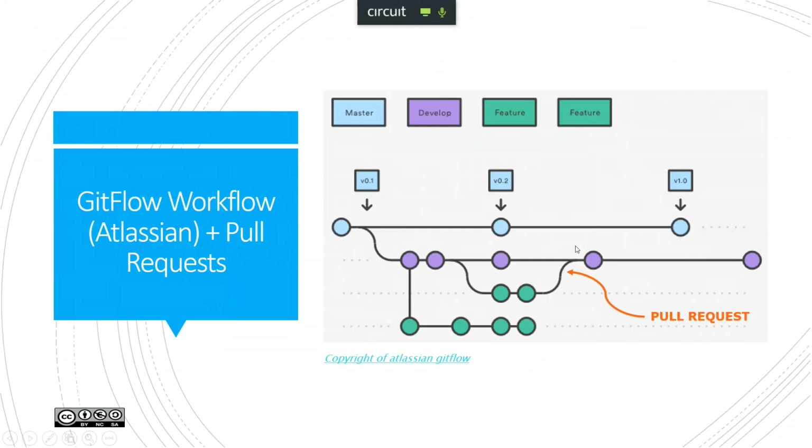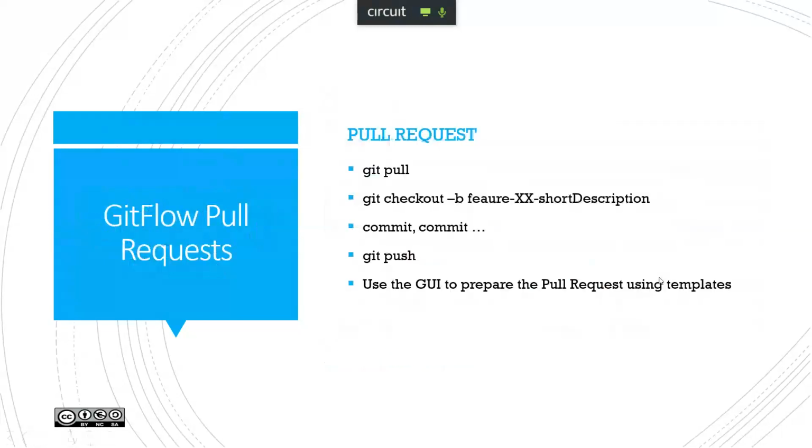And we slightly changed this part, including here the pull request. And as I mentioned, we will provide a practical use case next week, using templates and so on. And at the end, how to handle the pull request is okay.